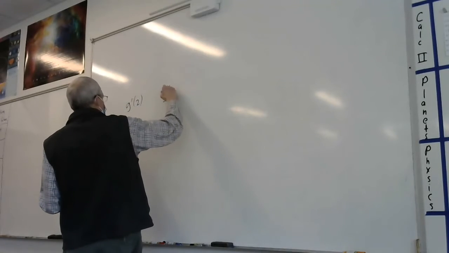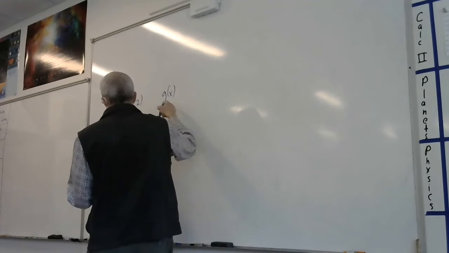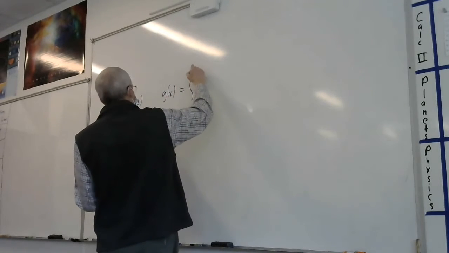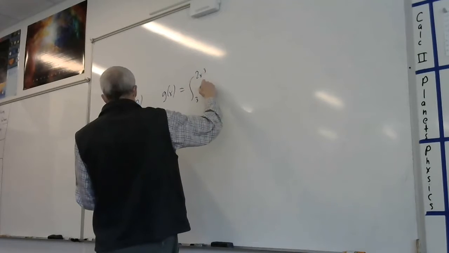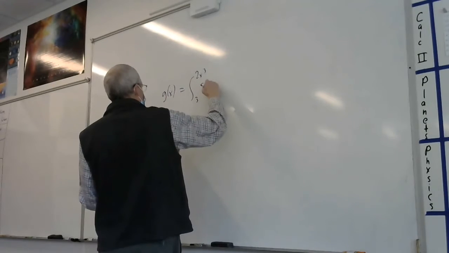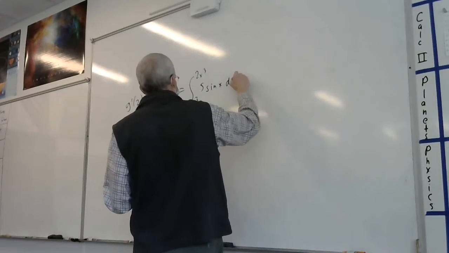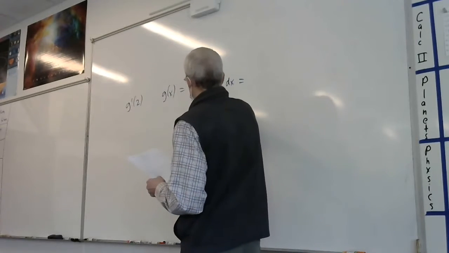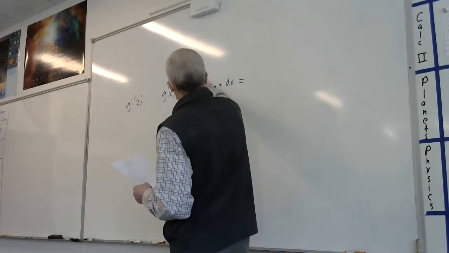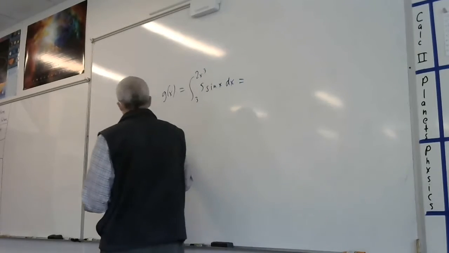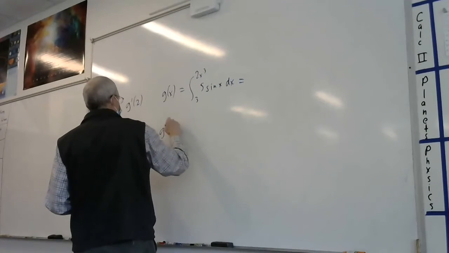So g of x, we want the derivative of the integral, which cancels out the integral. So that's the integral from 3 to 2x cubed of sine 5 sine of x dx. So all you have to do is remember the 3 doesn't matter. You plug this into here to take g prime. So g prime of x.